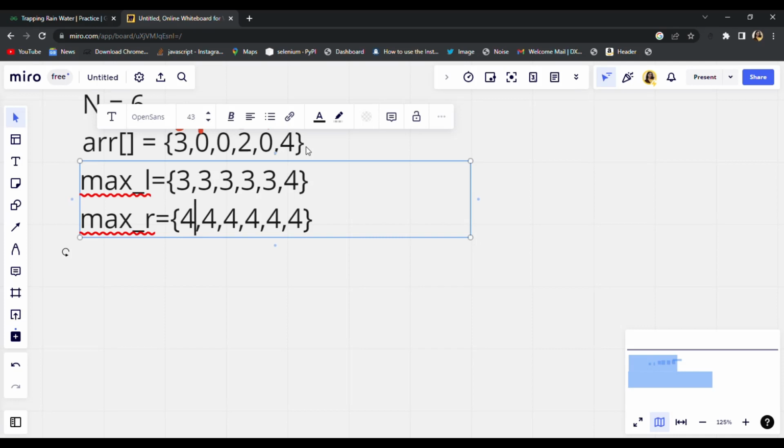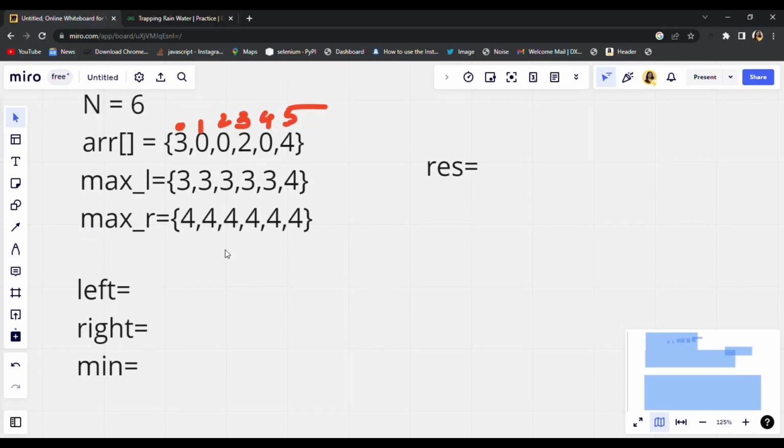This is the logic for finding the maximum height of the block on the left side and the right side of the current block. Okay, firstly I want to ask you all, are we going to store water on the first and the last blocks?